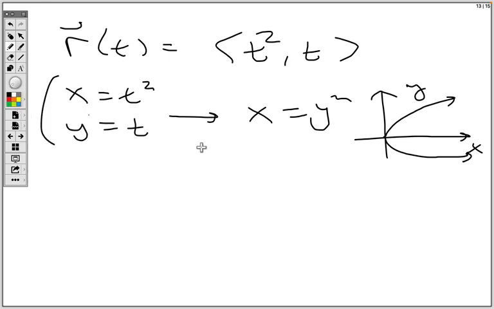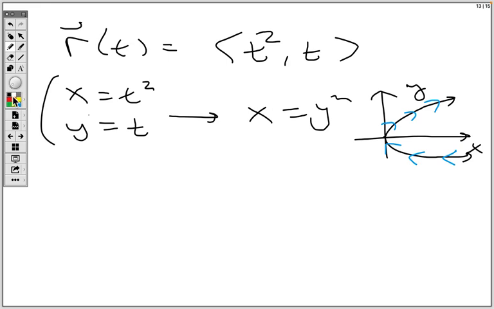So it's a parabola with a trajectory. The trajectory is this. So this would be, kind of quoting Kepler's laws, something coming into the solar system, spinning around, and then heading out. It's a parabolic trajectory there.